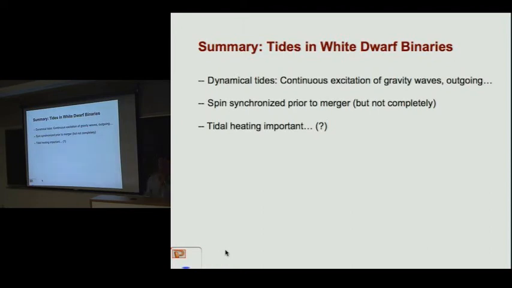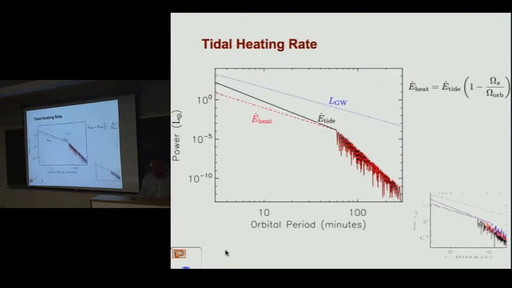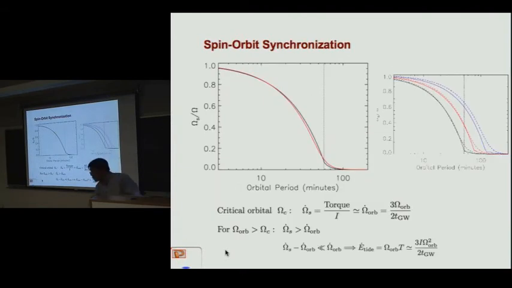The approximations involved in this, of course. And the white dwarf will be synchronized mostly prior to merger, but not completely. Therefore, there's always tidal heating in the white dwarf, and the heating may be very important. And stay tuned. When you say not completely, at the time that they merge? Well, not completely in the sense that it's always decaying. But I can't extrapolate in my head from your graph. So you're within 1% or within 0.1%?